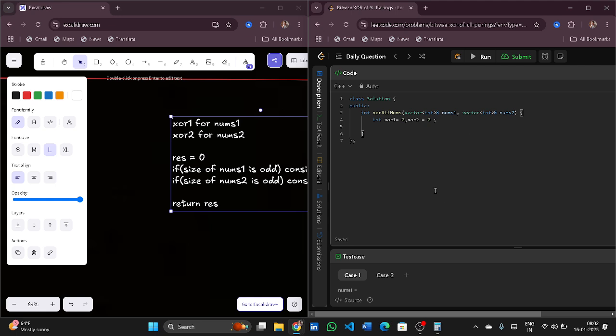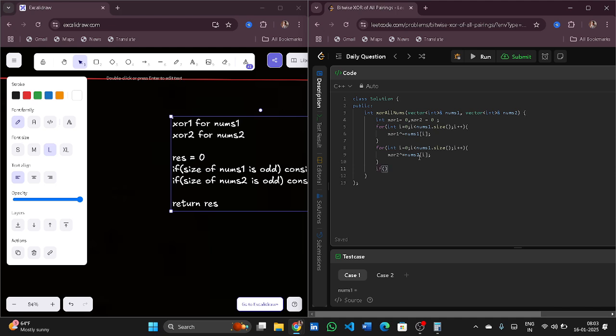And then here, as I said, int i is equal to 0, i is less than nums1.size, i plus plus, and XOR1 XORed with nums1 of i, and here XOR2 XORed with nums2 of i.